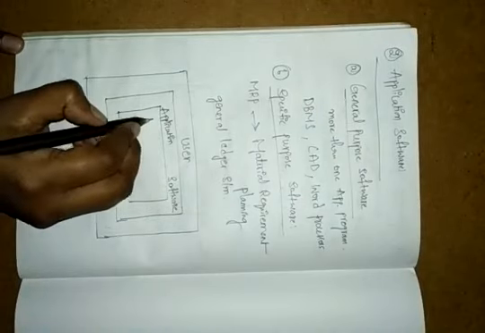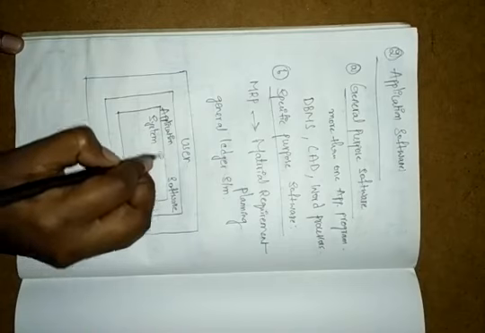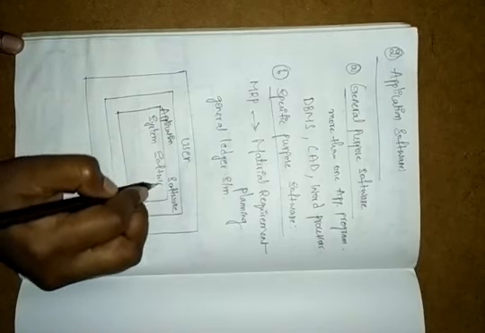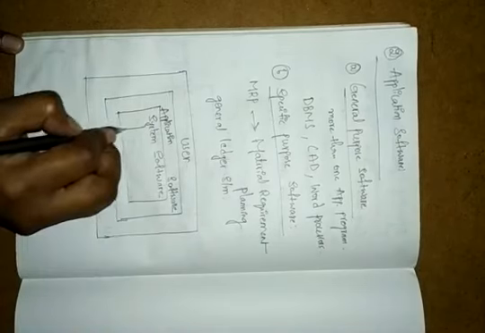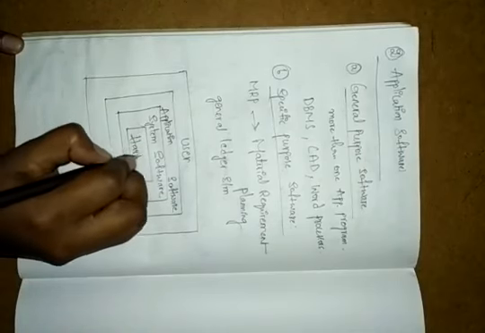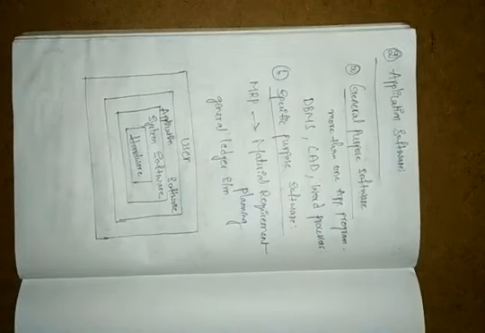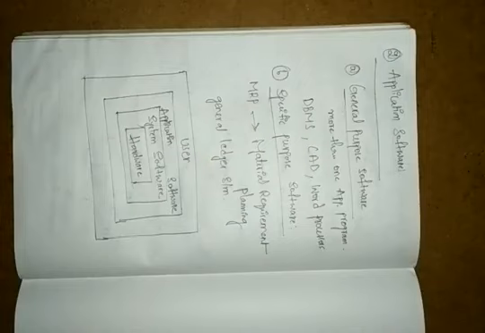And in this we again have the system software. This system software is again using our hardware. So first the user is interacting with the application software, after that the system software, and your system software depends on the hardware.